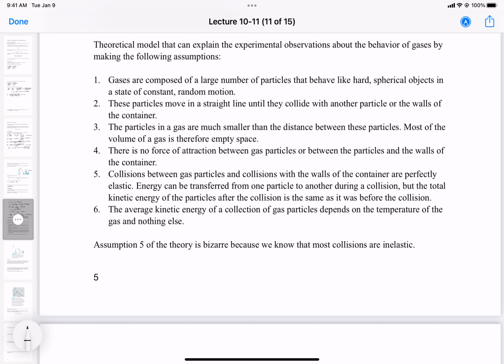So kinetic energy in this case, we're saying average kinetic energy. So on average, it'll only depend on the temperature. Now, their actual kinetic energy will probably depend on the mass and how fast they're moving, but on average it only depends on the temperature, because by definition, temperature is the average kinetic energy of your sample.